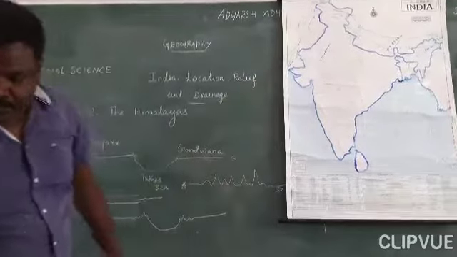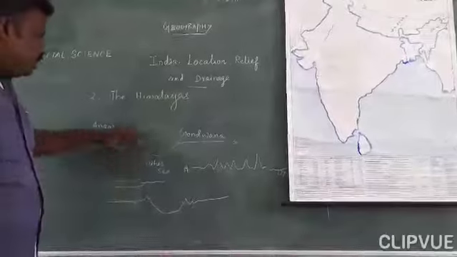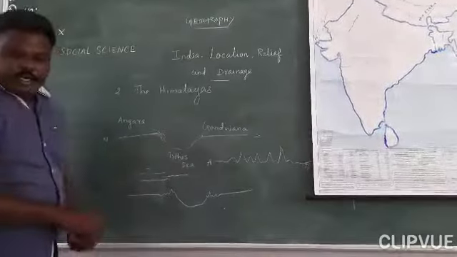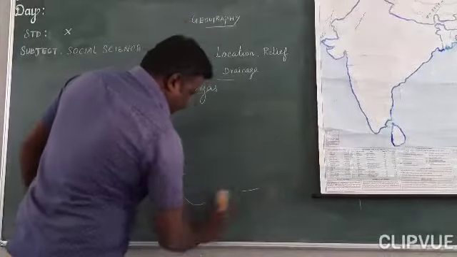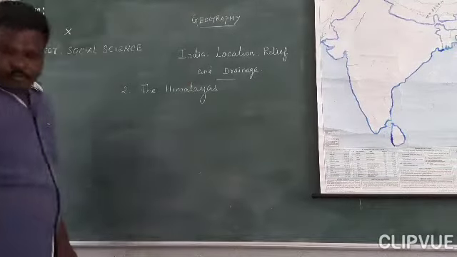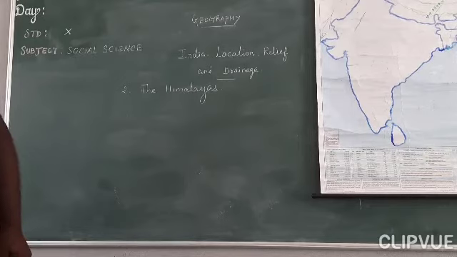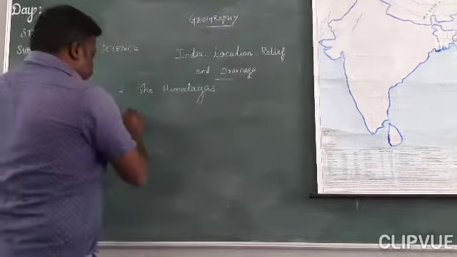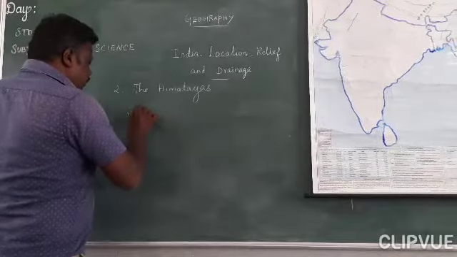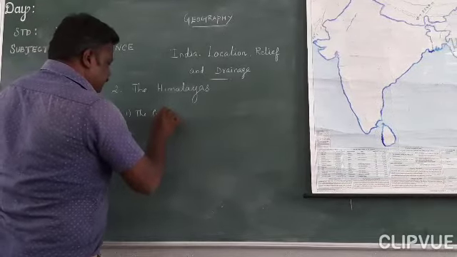Okay. So now you see this Himalayas further, I already said, it is divided into 3 categories. So what are the 3 categories? First one, the Greater Himalayas.